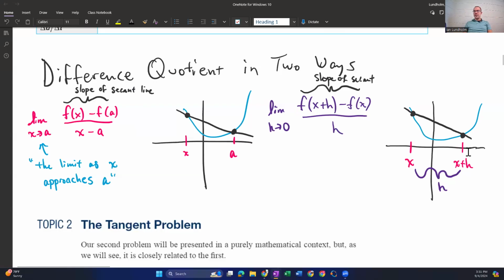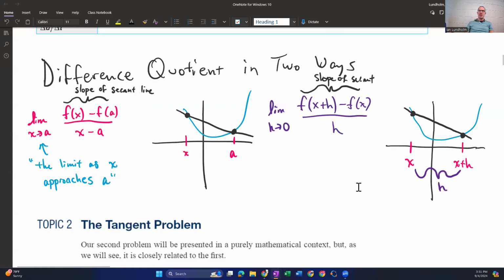And x plus h would continue to move closer and closer and closer to this x that's staying still in this case. And the slope of this line would be a better and better approximation of the actual slope of the curve over here at x.